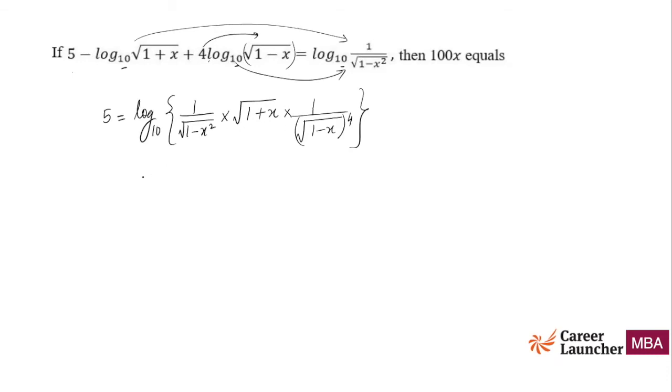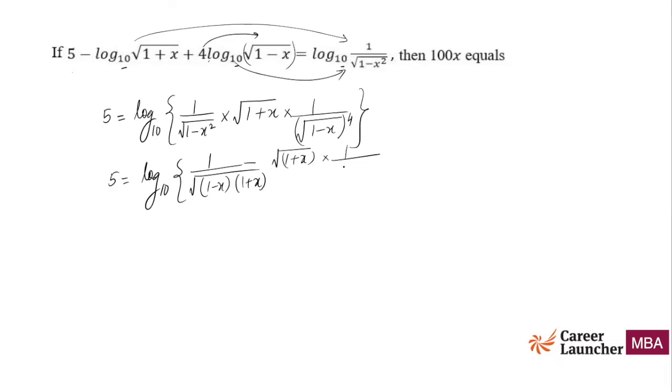So the 4 becomes the power, and this becomes the denominator. Okay, so we can simplify this. Since we see under root 1 plus x, so let's do one thing. Let's write this as 1 minus x into 1 plus x. So it may be helpful to us. And then under root 1 plus x. And then into 1 by under root power 4.